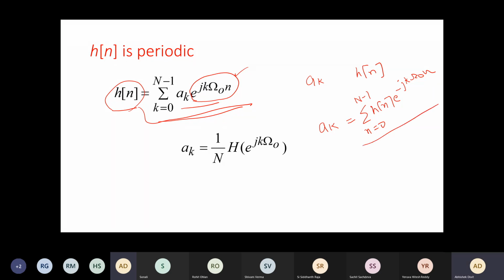Divided by the energy of these things, whatever that energy might be. What is the energy of these things? Energy of bases. What is the energy of this complex exponential? So one for each term. So will that be, I guess, N?